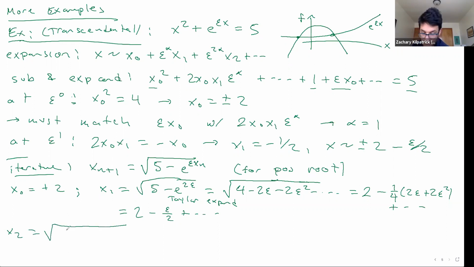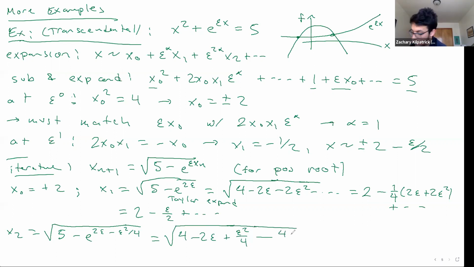The next step would be x2. So we get the square root of 5 minus e to the 2 minus epsilon over 2, all within the square root. Taylor expansion of the exponential, and then Taylor expansion of the square root, plus some higher order terms.